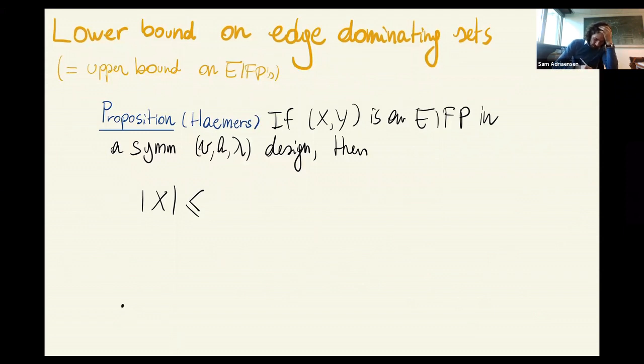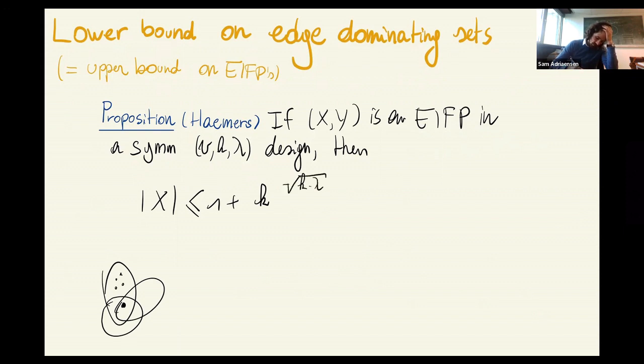You can count it quite easily. You start with 1 point. There are k blocks through this point, and each of these blocks will contain exactly the order, so root of (k minus lambda) minus 1, extra points of your arc, so that they contain square root of (k minus lambda) points in total.